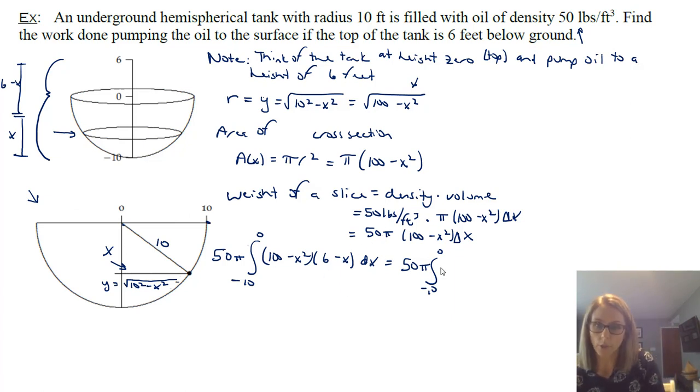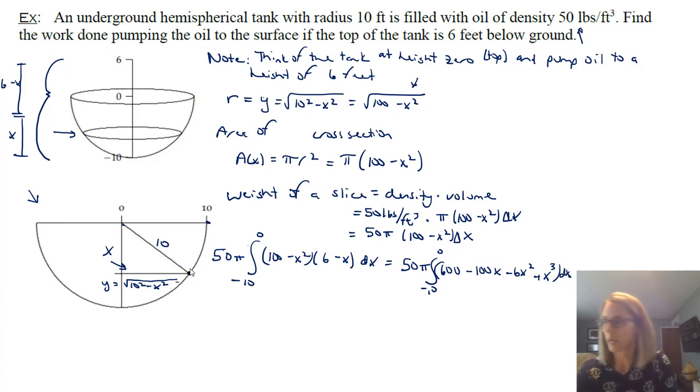So we'll integrate, just multiplying it out: 600 minus 100x minus 6x squared, plus x cubed, and that is what we have inside, dx.